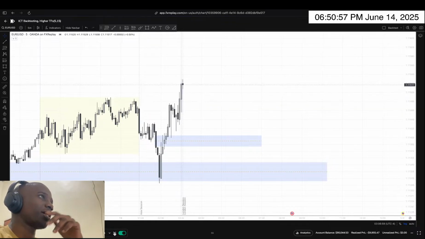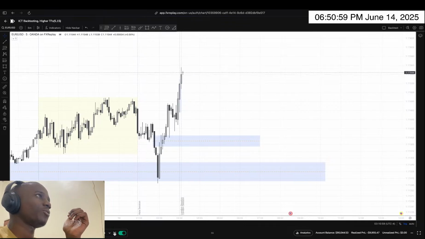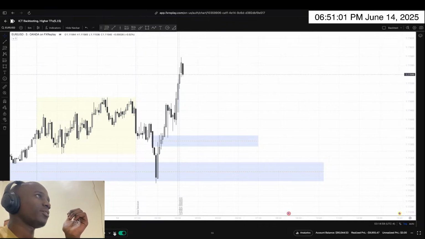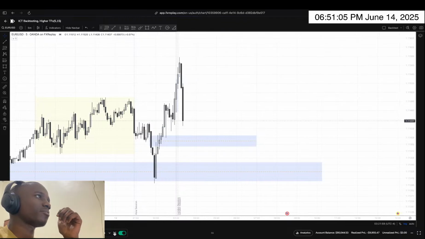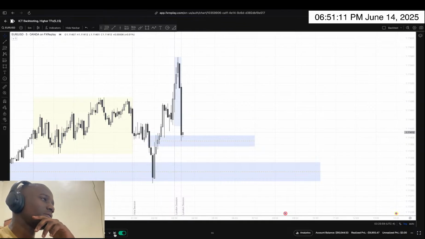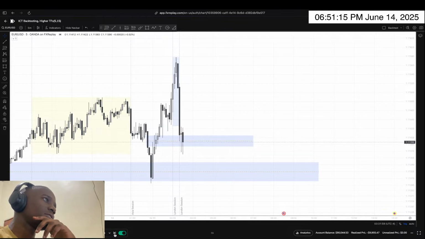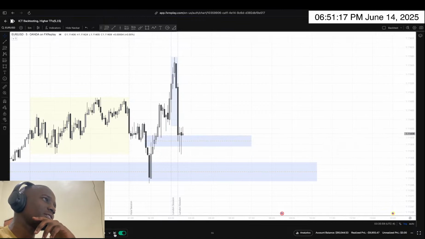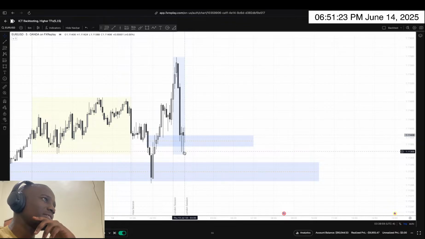So we're expecting New York to push to the upside, and so far you can see it's doing it, push to the upside, and now it started to drop. It dropped into the inversion, kind of respecting it, and see how these wicks are closing.